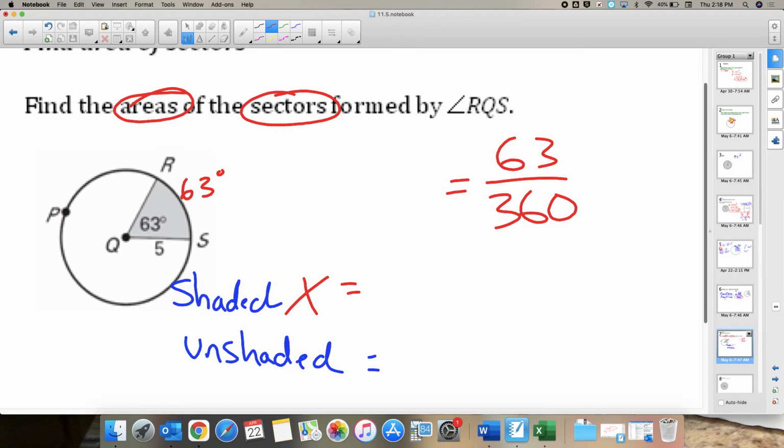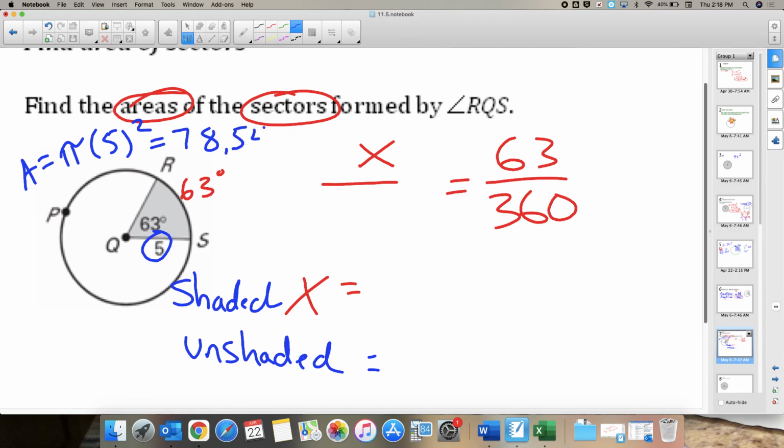Now, it is the area of our sector over the area of our circle. The radius of our circle was 5. So our area of our circle is pi times 5 squared. 5 squared is 25. So we do 25 times pi, and we get 78.54.